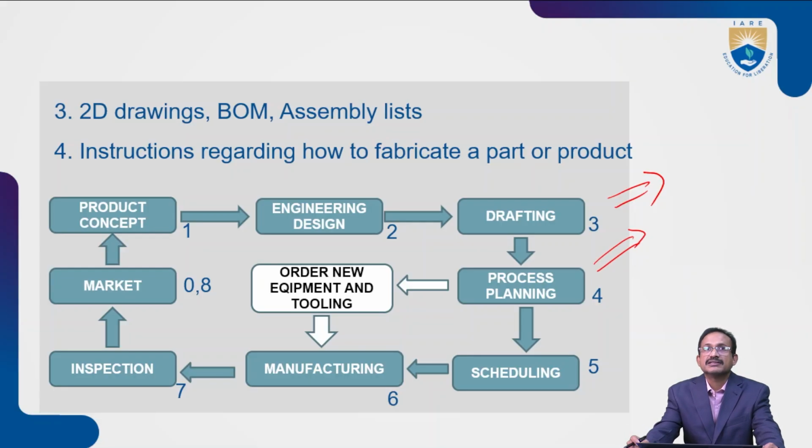Process planning is instructions regarding how to fabricate a part or product. These 2D drawings will be thoroughly studied by process planning department people. These people will instruct regarding how to fabricate a part or product. Definitely we know in manufacturing the machines will be there and operators will operate the machines.